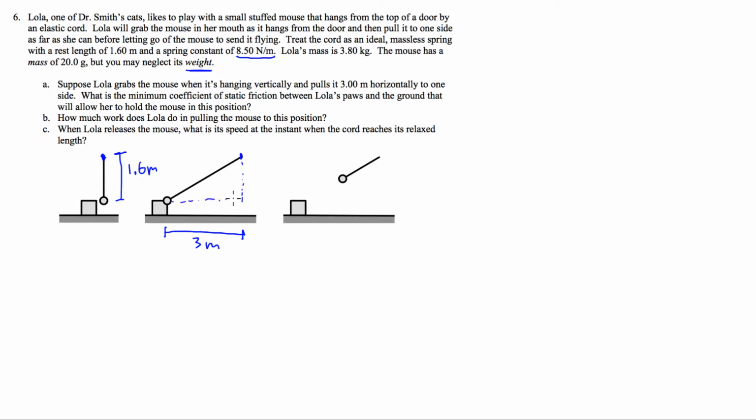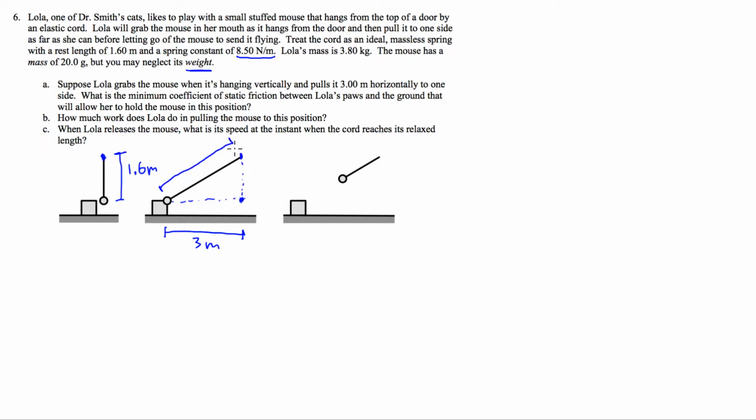So this horizontal distance is 3 meters from its starting point, which was this distance below there. First thing we want to do is find out how far the string gets extended. Well, the spring is a string, right? So how far does this cord get extended?